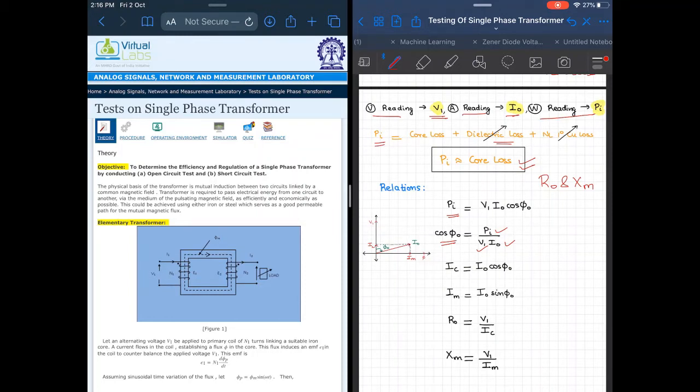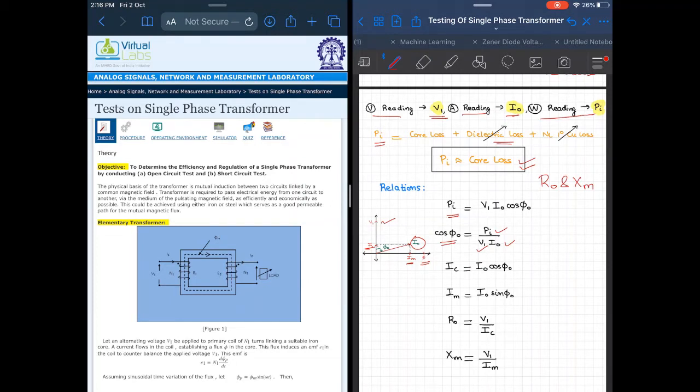This you can observe from the phasor diagram as well. So this is my flux, this is the input voltage V1, this is my IM, this is IC, and the resultant of these two currents will give me I naught. So the angle between V1 and I naught is phi naught.